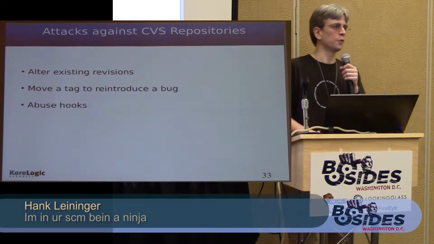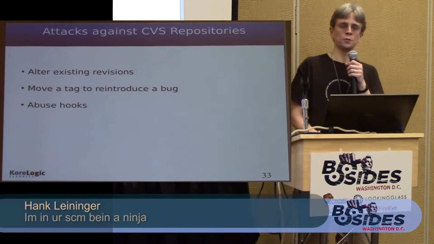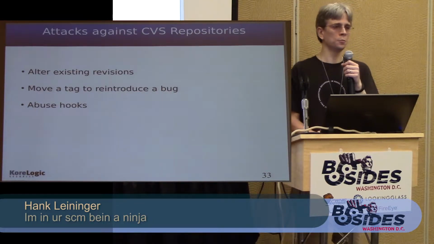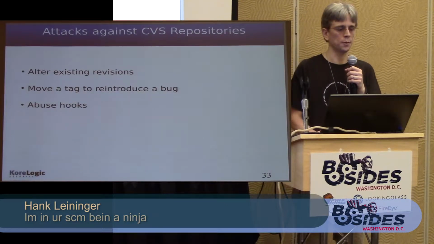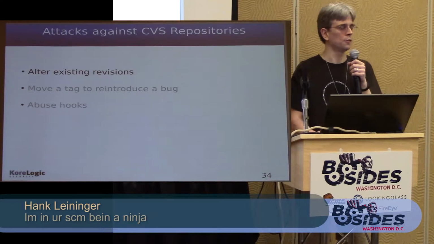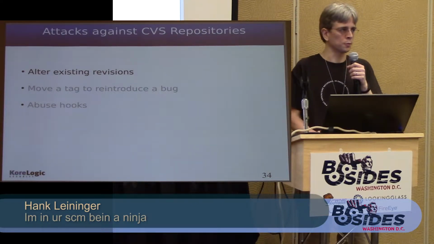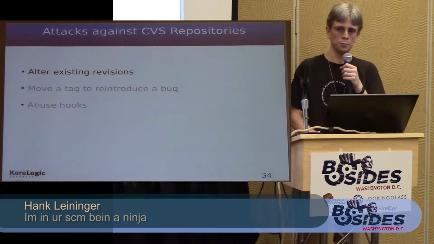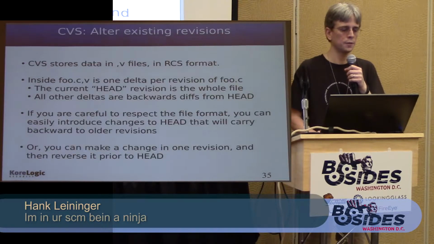So a few examples I'll run through CVS. CVS is sort of oldie but goodie, but it's a really simple on-disk format, so it's very easy to explain. First, I'm going to alter an existing revision. This is something that you would have to have file system access to do, or some other way to access the CVS server's underlying data.